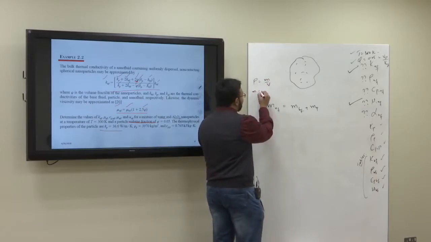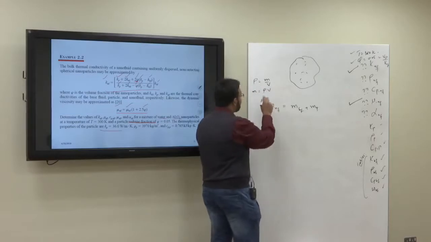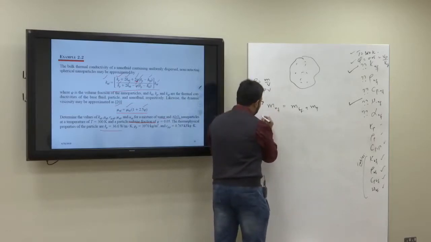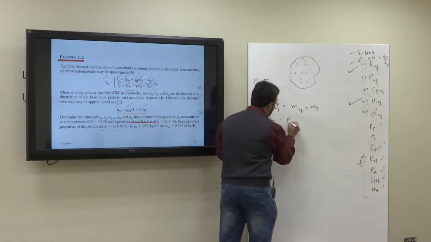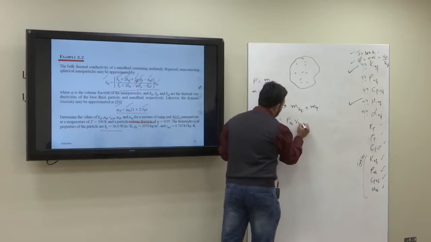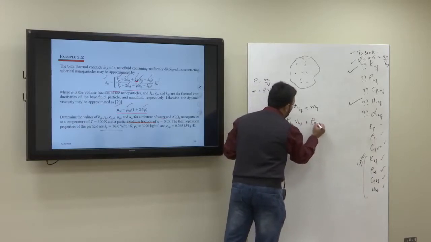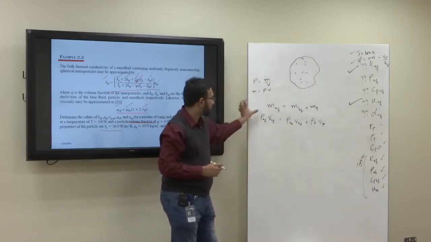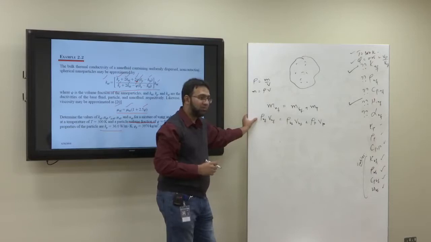So mass, I can write it as density into volume, right? So let's write it in that form. So m_nf is rho nf V_nf, equals rho bf V_bf plus rho p V_p, right? I can write this like this. Okay?